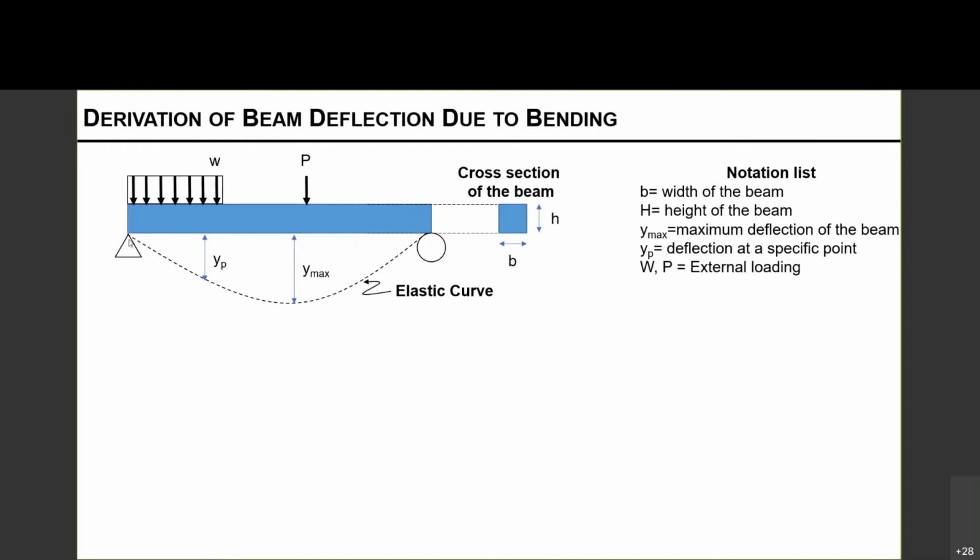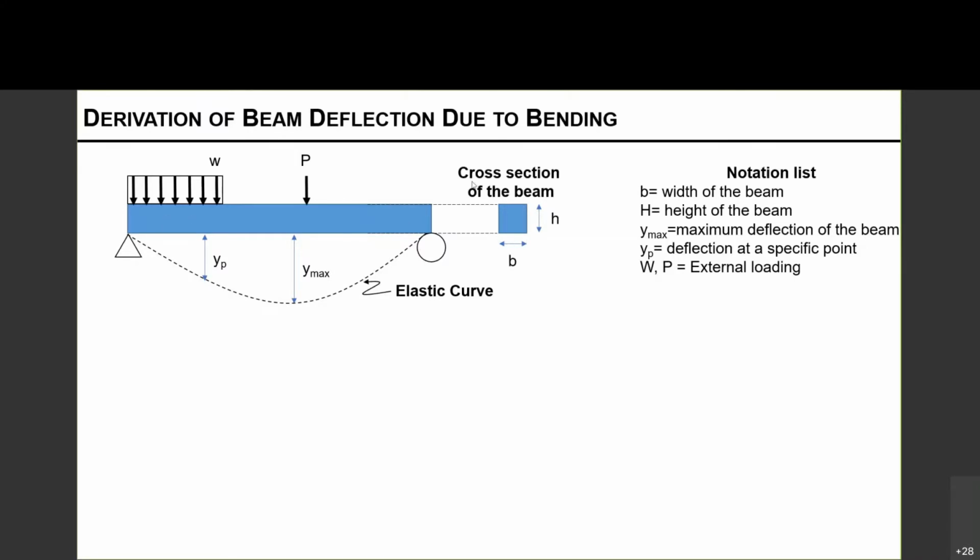Because this is behaving like an elastic member, and when you remove the load, it comes back to its original location. And the deflection is governed by different factors. One is the applied load. The other is the cross-sectional properties of the beam, and also the material properties of the beam.